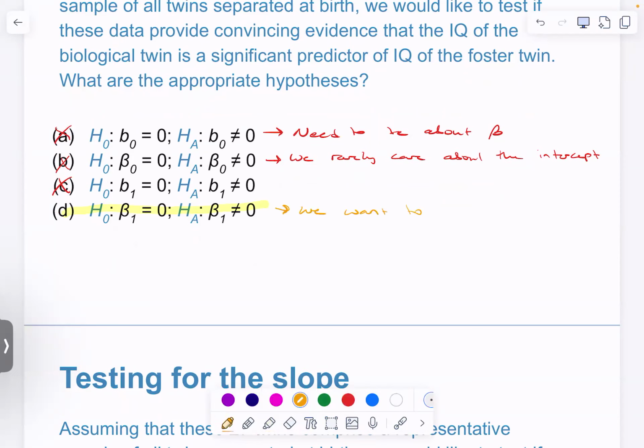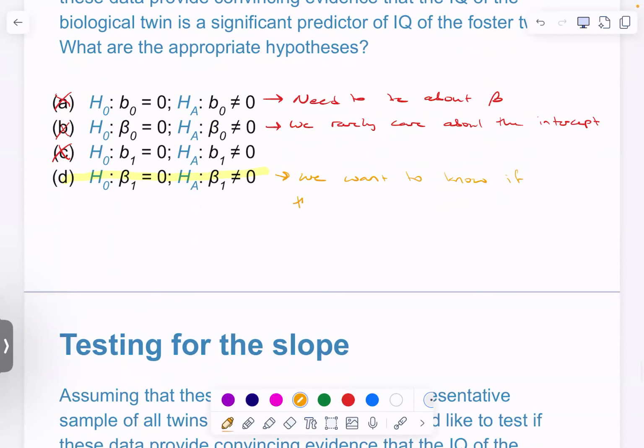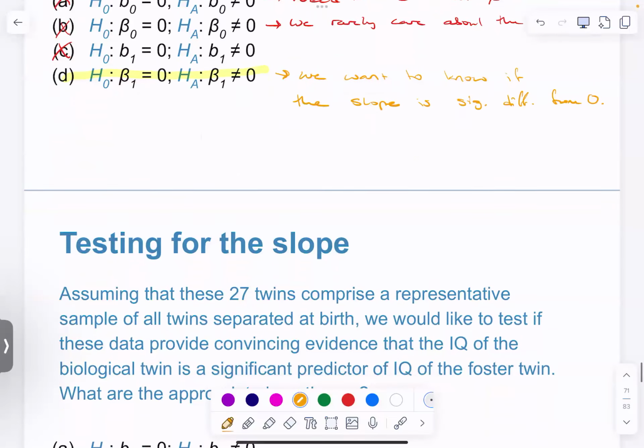We want to know if the slope is significantly different from 0, which is what we already established.